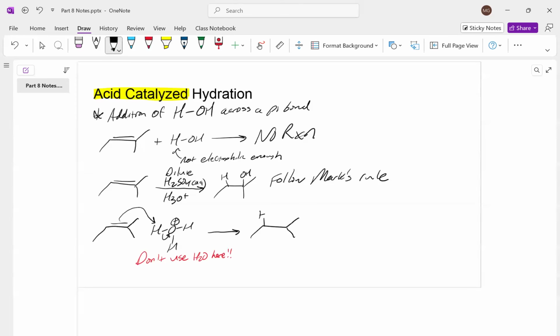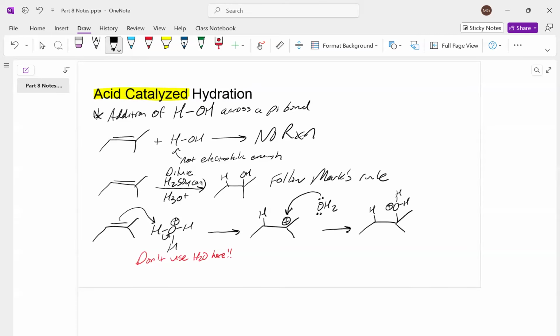So the hydrogen goes to the less substituted carbon to give us a more stable carbocation. And now we're going to use water here because there's plenty of it. Water's the nucleophile. So there's the hydrogen that we added, and now we have this oxonium ion.